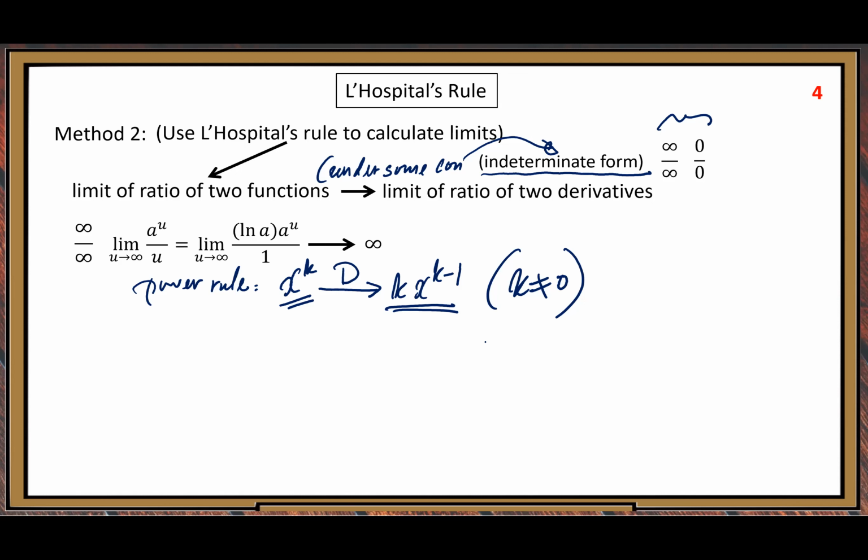That's L'Hopital's rule. Later, we will have many questions where we need to use L'Hopital's rule to find the answer. If some of you are not familiar with it or have forgotten that part, you can do some study. Let's continue.